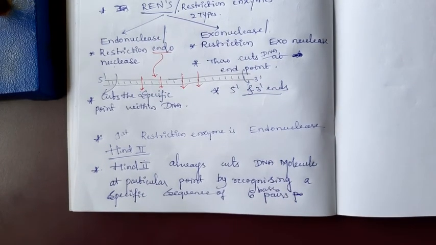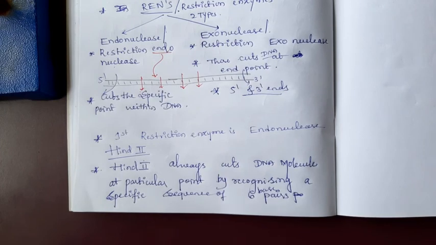Okay, means Hind2 is an enzyme which cuts the DNA by recognizing a specific sequence of 6 base pairs. This specific base sequence is known as the recognition sequence of Hind2.